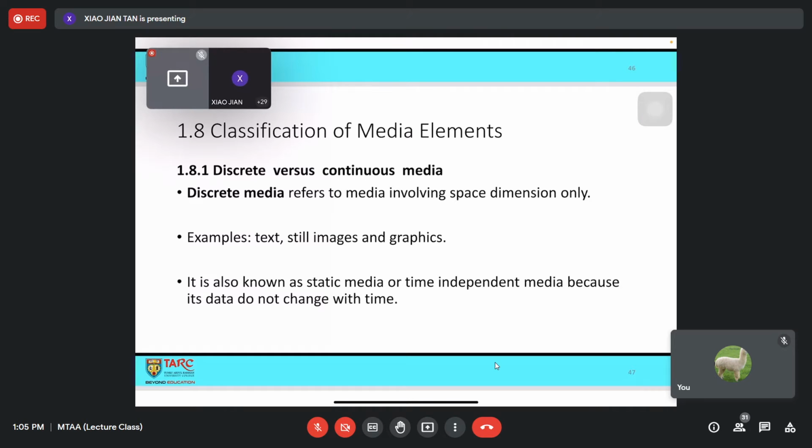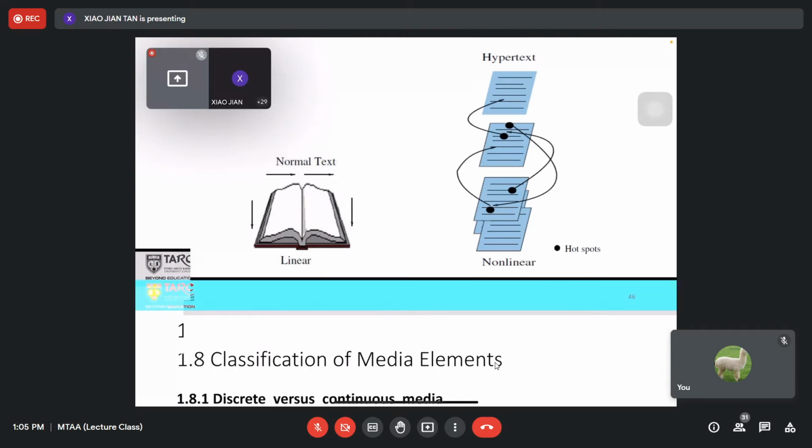Of course, as I mentioned on Wednesday, it is very dependent on the application, but more or less would be around there. Okay. So we also learned about the linear and non-linear multimedia.